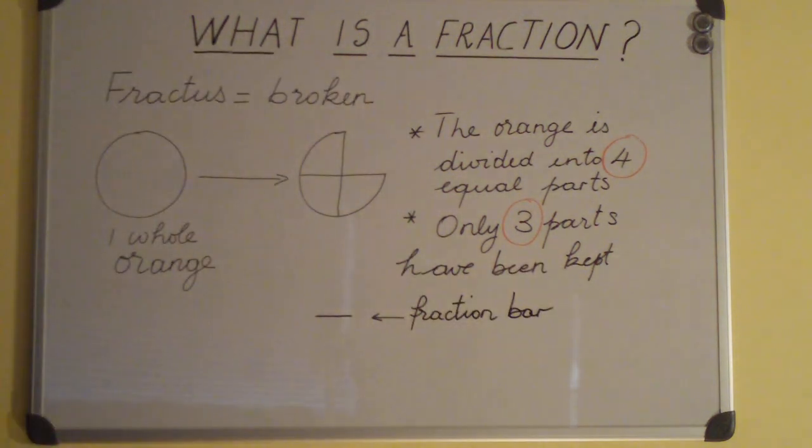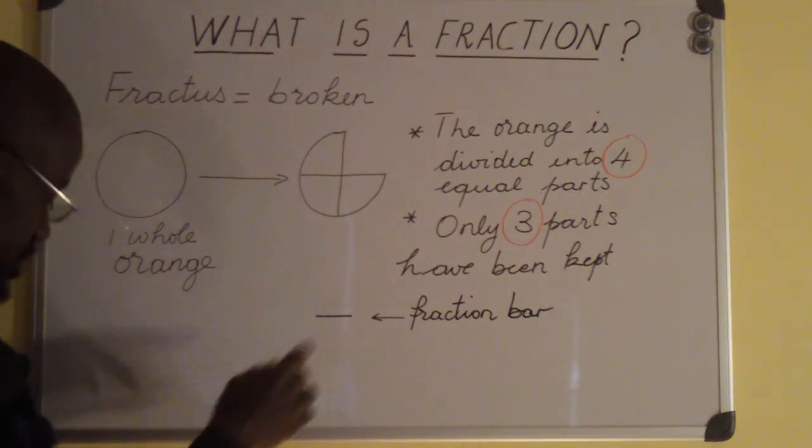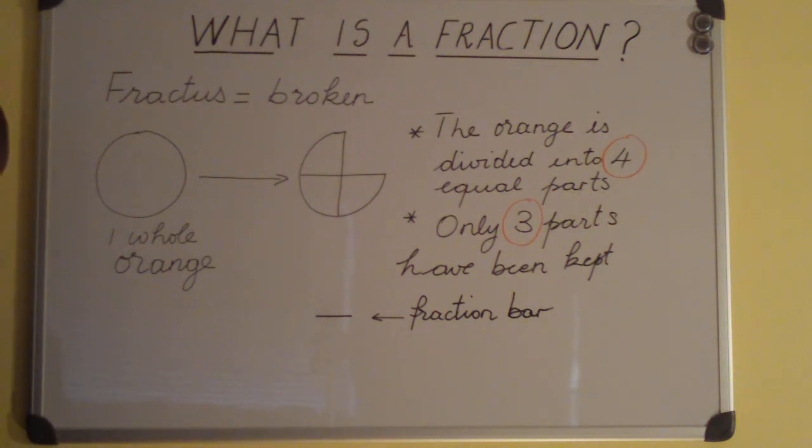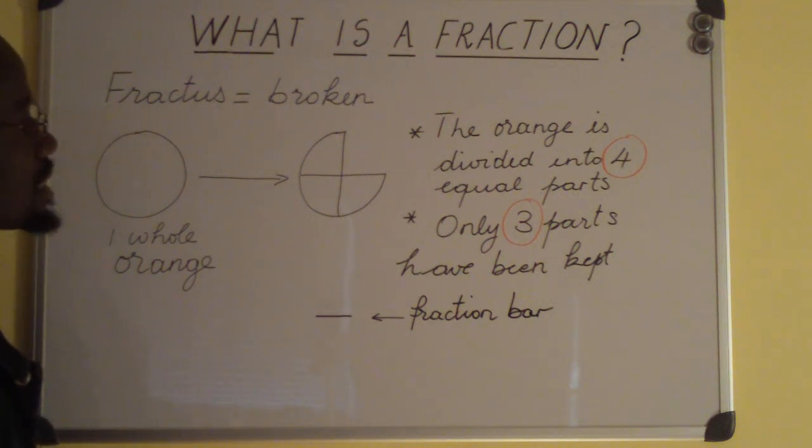Now, underneath the fraction bar, below the fraction bar, I write the total number of parts into which the orange has been divided.